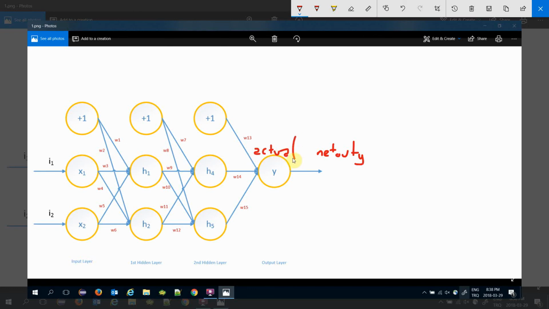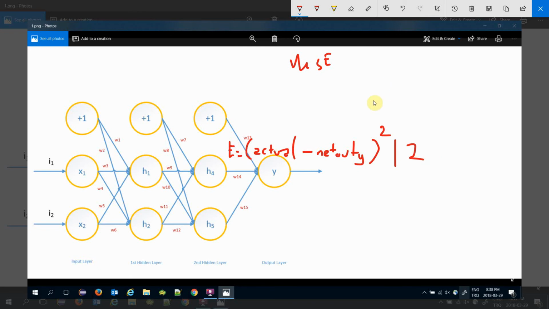This means that the network made an error. The network made an error in the ratio of actual minus prediction net output y, and mostly mean squared error is used as an error metric. In this case, we need to calculate the power of 2 of this difference and divide by 2. Mean squared error is common because its derivative is in simple form.